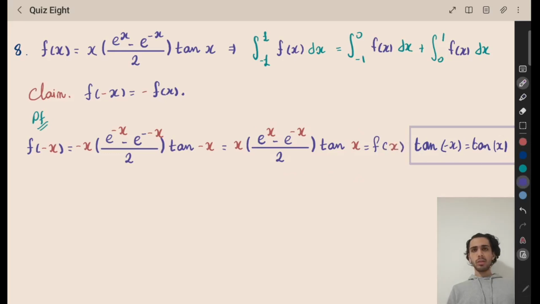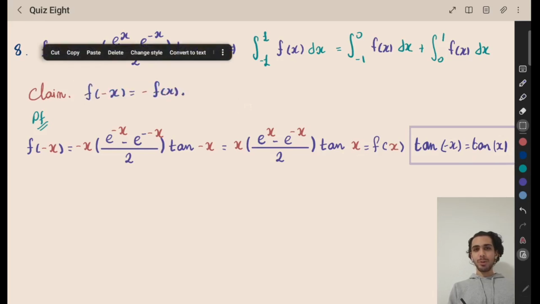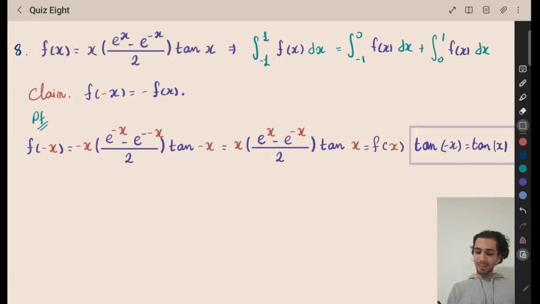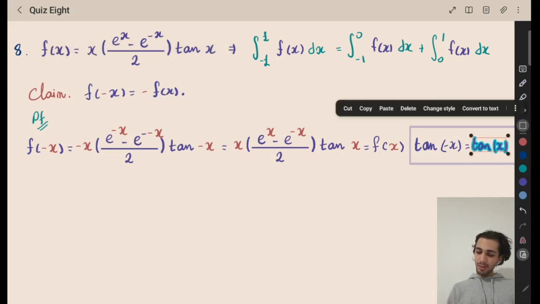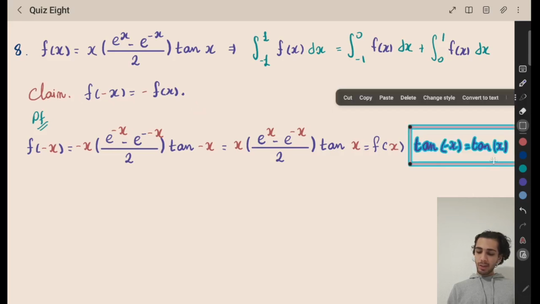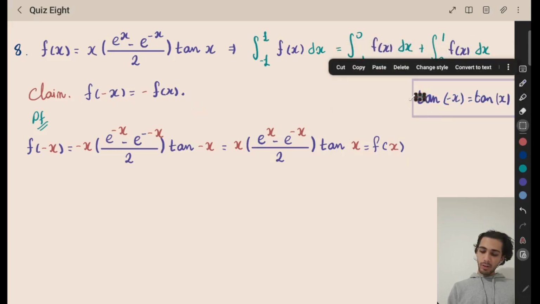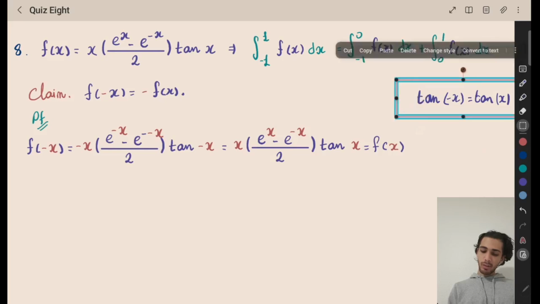Which says that there's probably a mistake. Now my confirmation bias, because I know that this should be true, I know that this is now a mistake. So this is not precise, but what is precise is to say that the tangent of minus x is the minus of tangent of x.